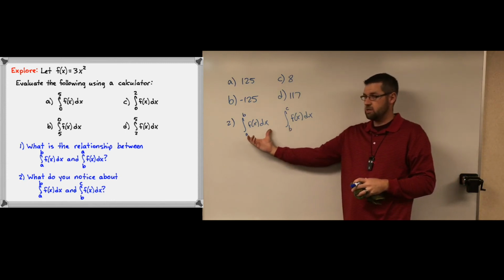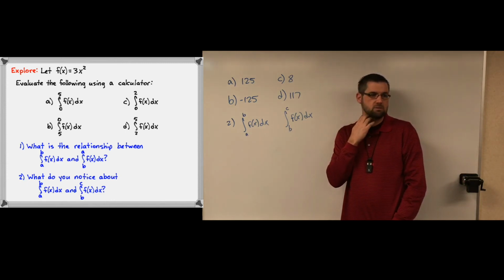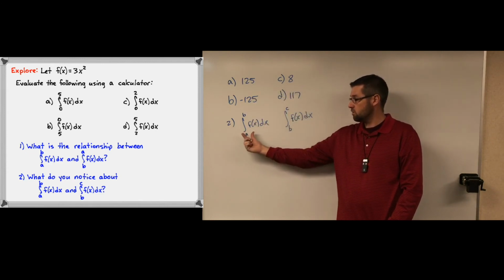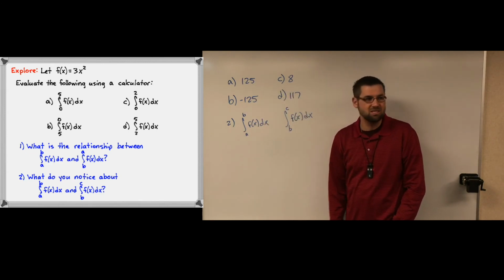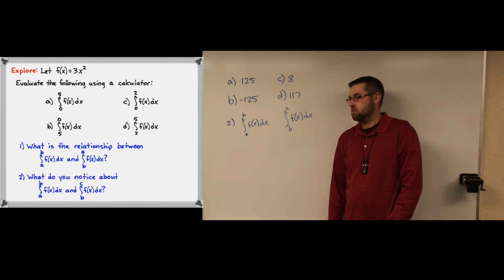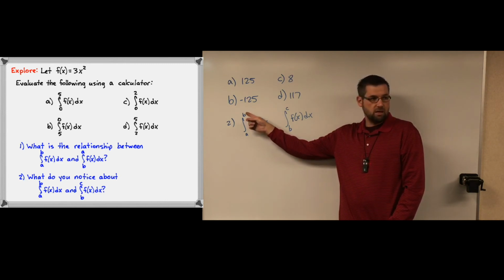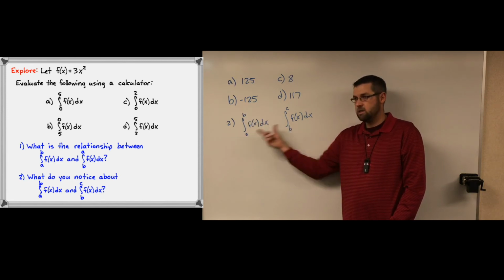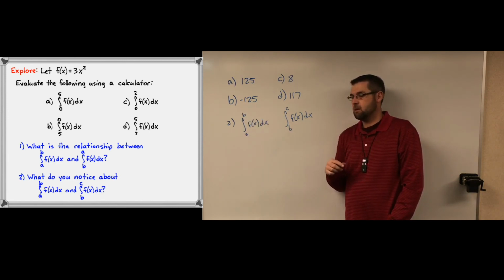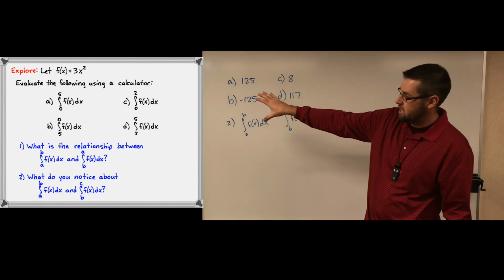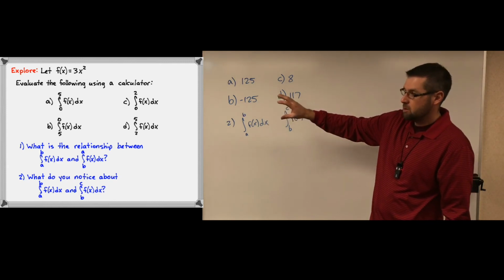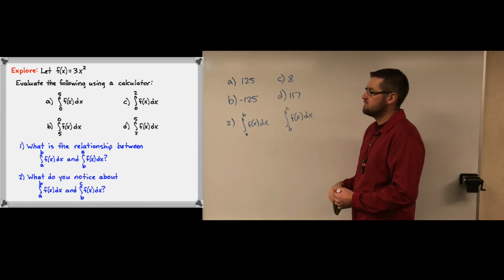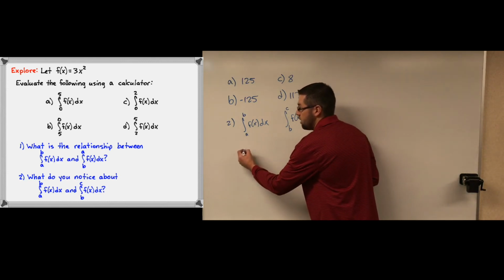Just looking at these two functions, don't even look at the numbers, what's different about them, what's the same about them? The upper bound of one is the same as the lower bound of the other. So which one of those examples, A, B, C, or D, has that relationship? C and D.